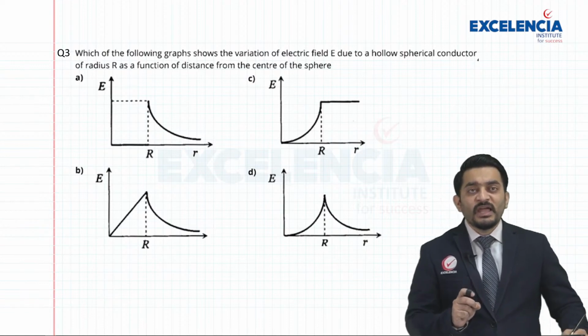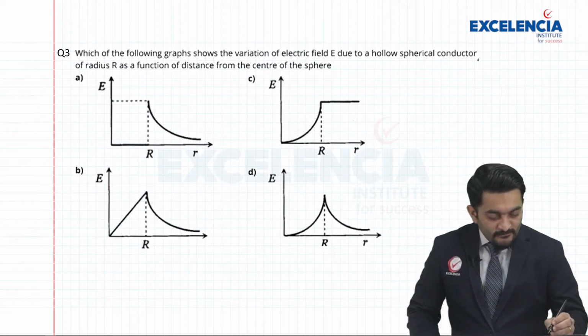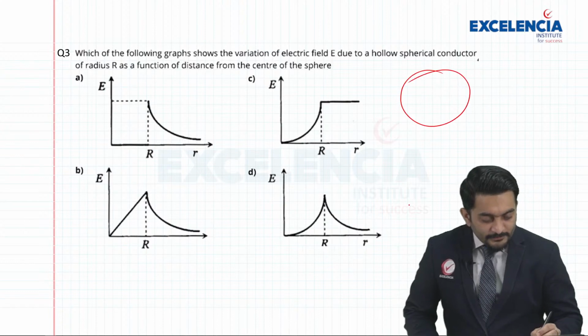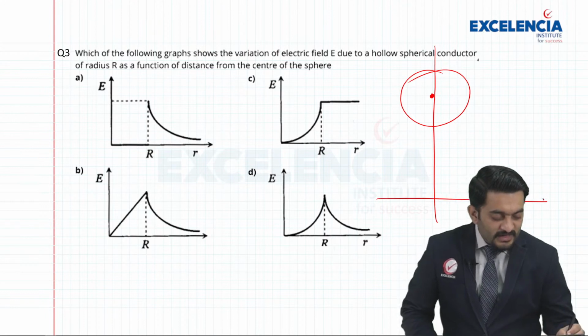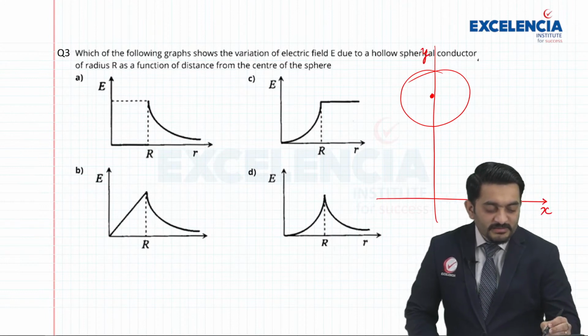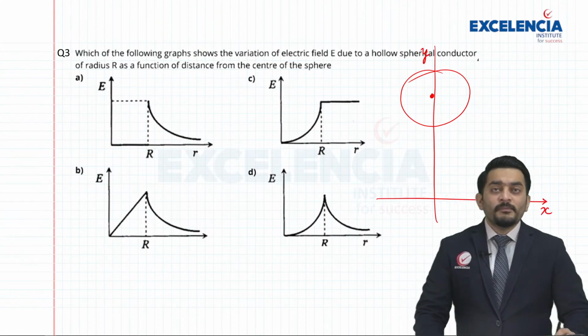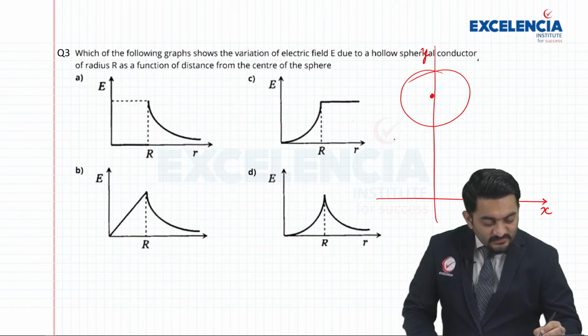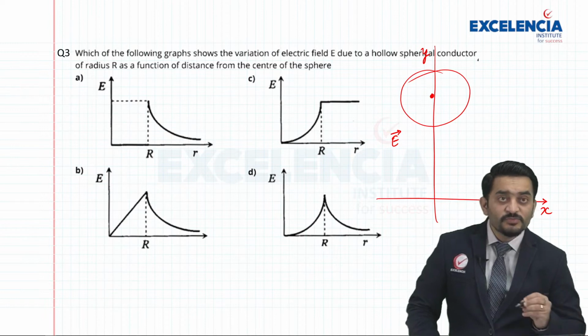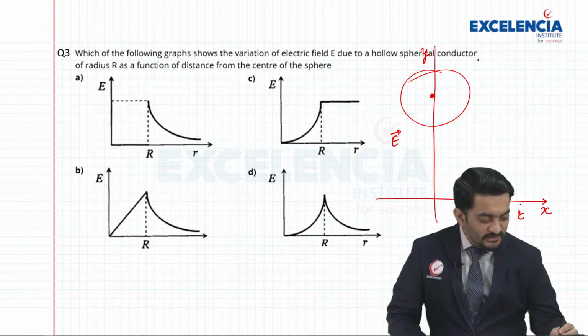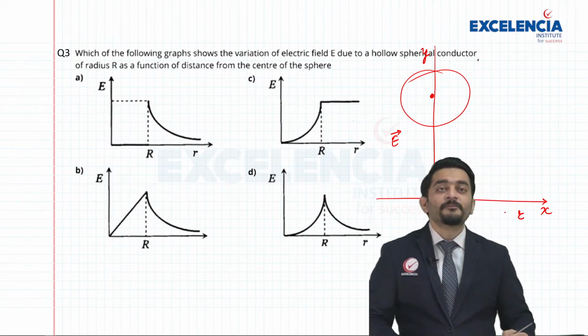Now what you need to understand is that when I draw my hollow sphere, there will definitely be some charge present on it, but we need to understand this when we draw the graph. So I am drawing my x-axis and y-axis. Be very careful, all three graphs have been given with electric field and position small r.